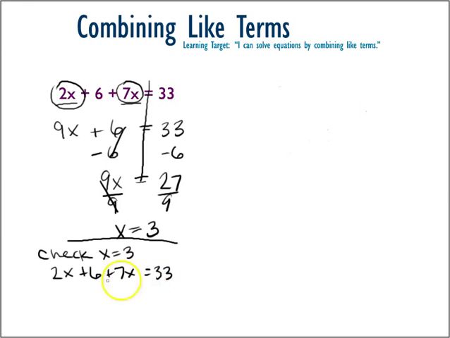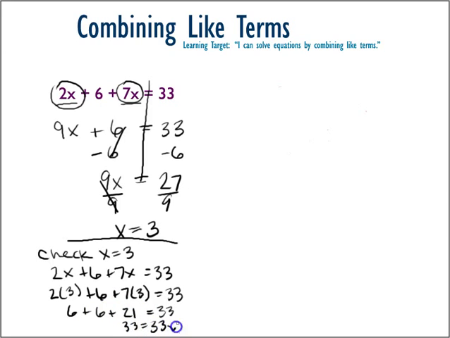So I want to rewrite, replacing x: 2 times 3 plus 6 plus 7 times 3 equals 33. And this would be 6 plus 6 plus 21 equals 33. Hopefully that all works out. That's 12 and 21, and that does work. If I add 2 and 1 and 1 and 2, I get 3 and 3. So that one worked out nicely.